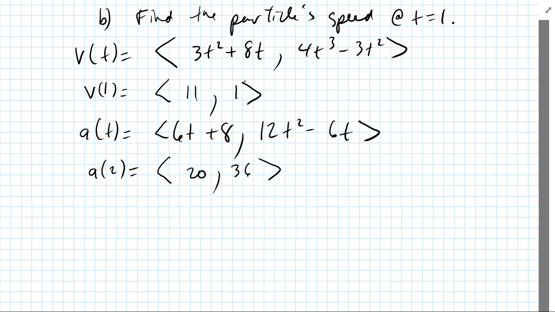Now, we found the acceleration at time 2, and we found the velocity at time 1, and now they want us to find the speed. So this is part B. If I want speed, what do I need? The derivative, right? It's the square root of, well, go back up here to velocity. What was my x derivative? Even better, do I already know what the x component and the y component are at time 1?